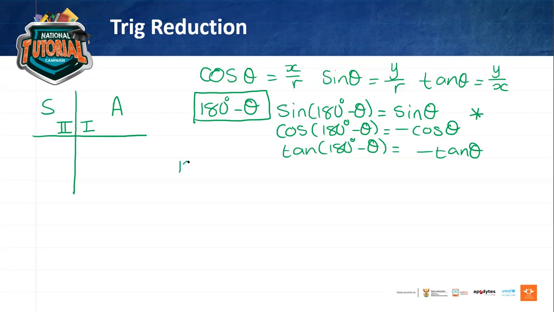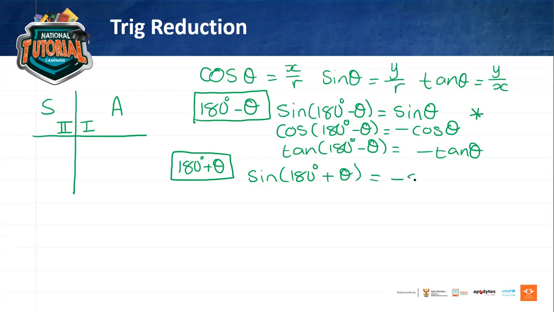Quadrant 3, we deal with 180 degrees plus theta. Remember, that's how we get to angles in quadrant 3. And as a recap, what we ended up with in that third slide, I think it was, that I shared with you, sine of 180 plus theta gave me a negative sine of theta. Cos of 180 degrees plus theta gave me a negative cos of theta.